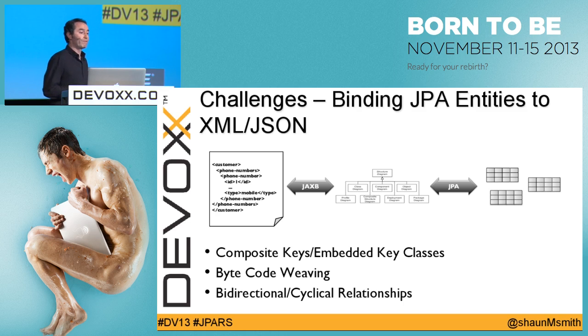A second problem we faced with dealing with these JPA entities we're getting from the database is bytecode weaving. This is kind of a self-inflicted wound for us. It wouldn't happen if we weren't using JPA, but it turns out that most JPA providers do some kind of bytecode manipulation to your classes. So if you create a persistence unit with 5 or 6 classes you want persisted with JPA, at runtime, possibly at compile time, some bytecode manipulation will take place.